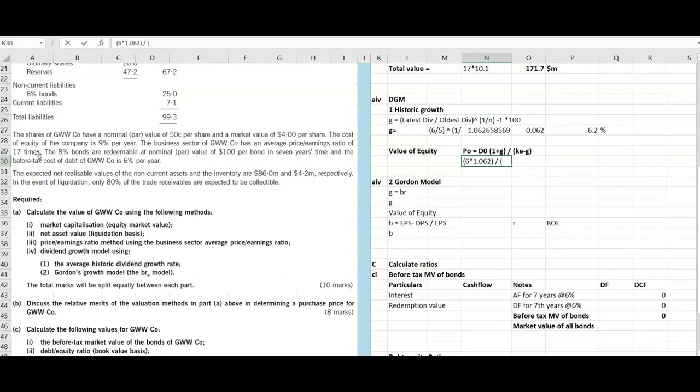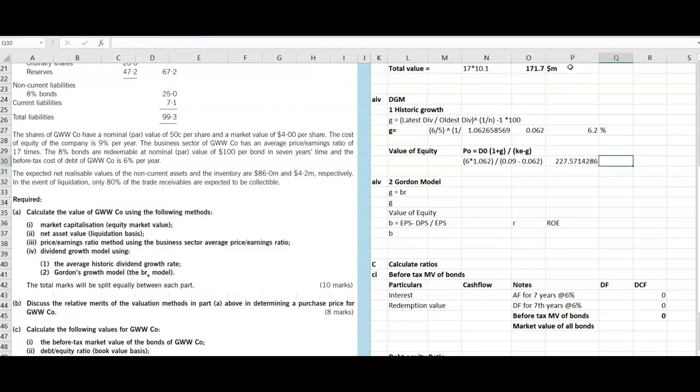What is KE? The cost of equity of the company is 9%. So we will take it as 0.09 minus G, 0.062. Close the bracket. We'll look at the answer now. We got 227.